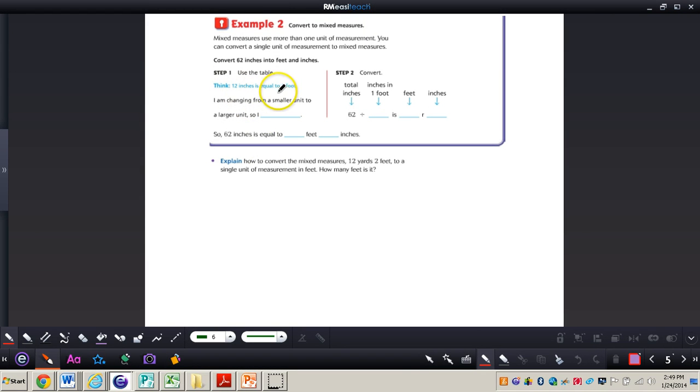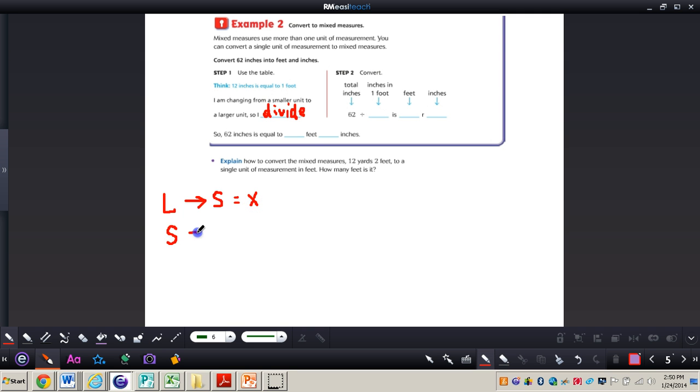Okay, and we need to think about this. Think 12 inches equals 1 foot. Some things we need to think about: I'm changing from a smaller unit to a larger unit, so we need to divide. Let's write that right in here. I also want you to write in your math journal: L to S equals multiplication.